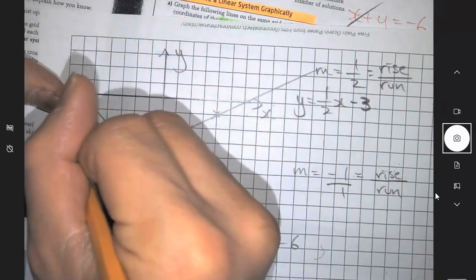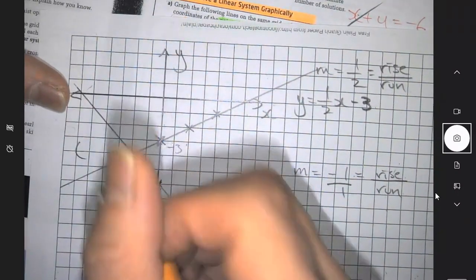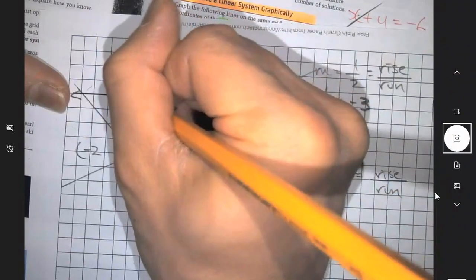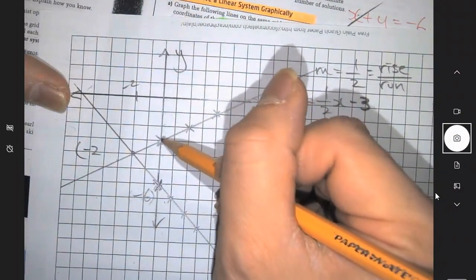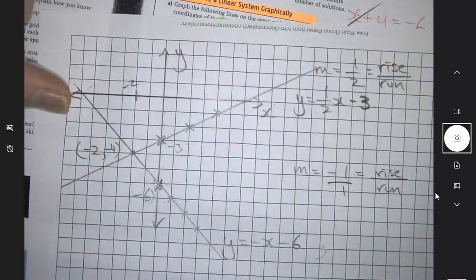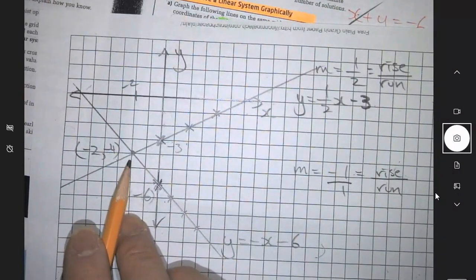If you look at the coordinates, minus 2, and then going down 1, 2, 3, 4, minus 4. Okay? That is the point of intersection.